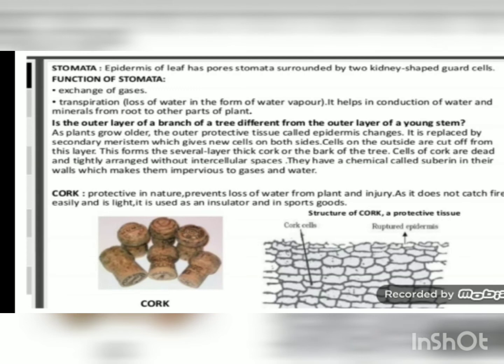Now here is one question: is the outer layer of a branch of a tree different from the outer layer of a young stem? As the plant grows older, the outer protective layer called epidermis changes.